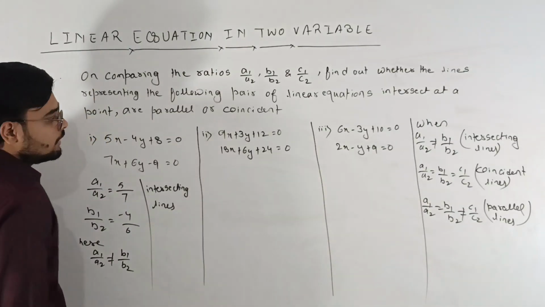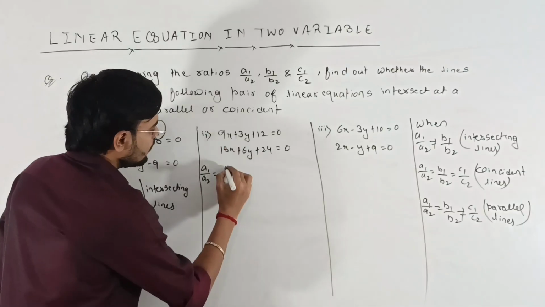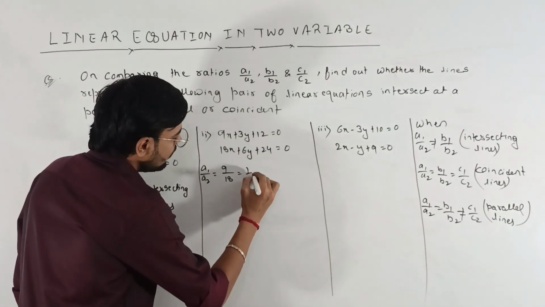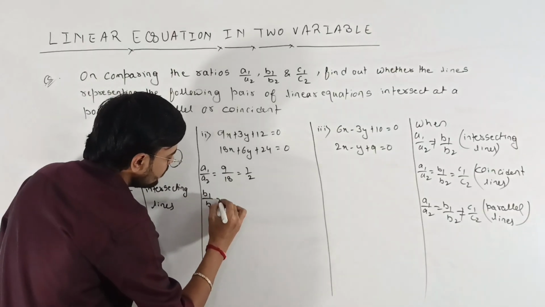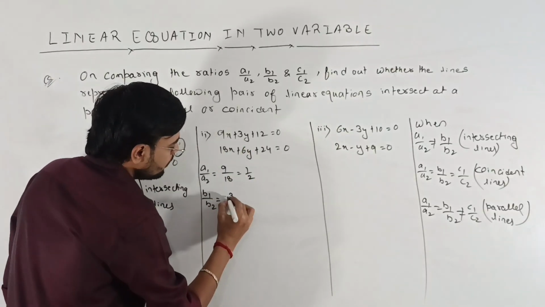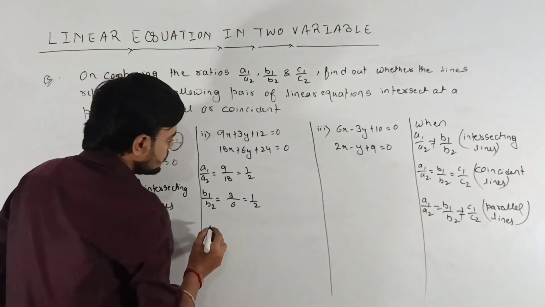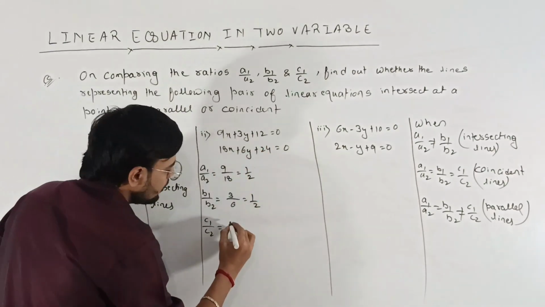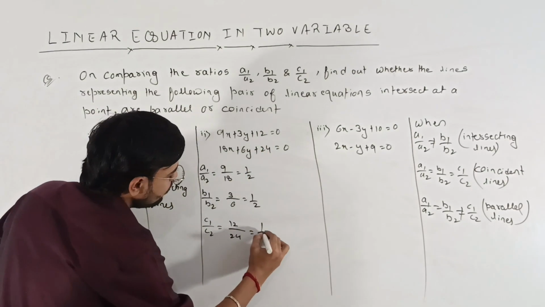Now check the second one. In this second one, first we write a1 upon a2: a1 is 9, a2 is 18, then this becomes 1 upon 2. Now b1 upon b2: b1 is 3, b2 is 6, then this becomes 1 upon 2. Now c1 upon c2: c1 is 12, c2 is 24, then this becomes again 1 upon 2.